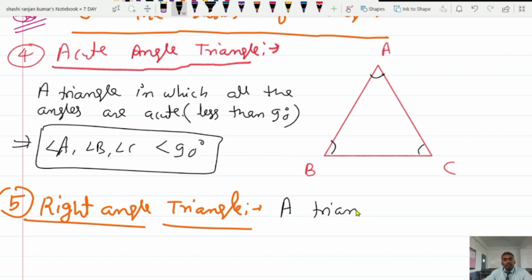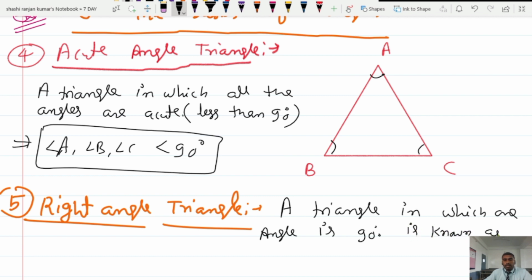Very simple, a triangle in which one angle is 90 degrees, as the name suggests, right is 90 degrees. A triangle in which one angle is of 90 degrees is known as a right angle triangle.